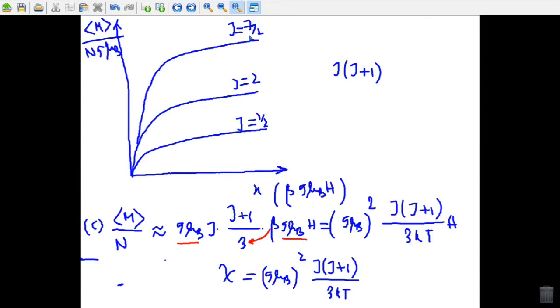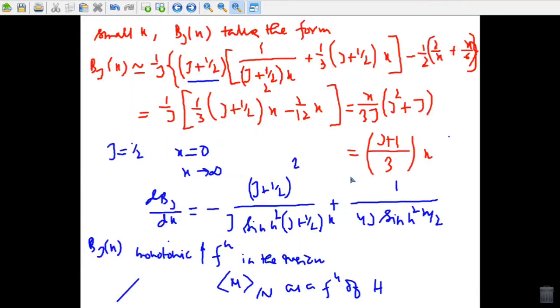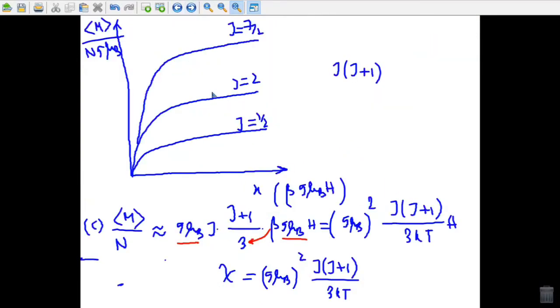All we have used to arrive at the qualitative form of these curves is that the value at which they saturate increases in proportion to J, and their slope at the origin, given by the expression (J + 1)/3 times x, is proportional to J times (J + 1).